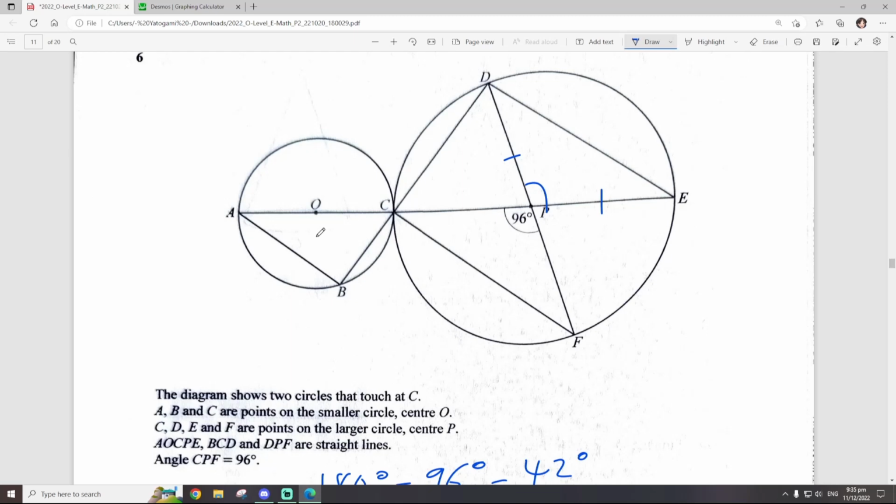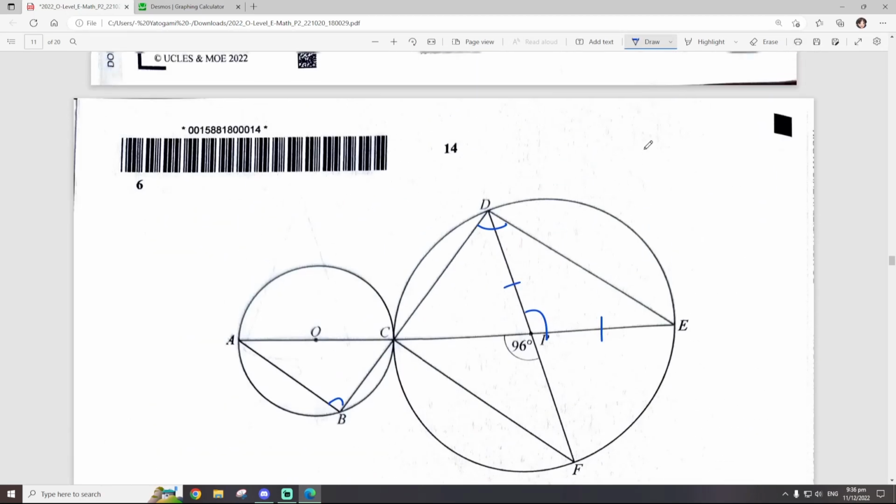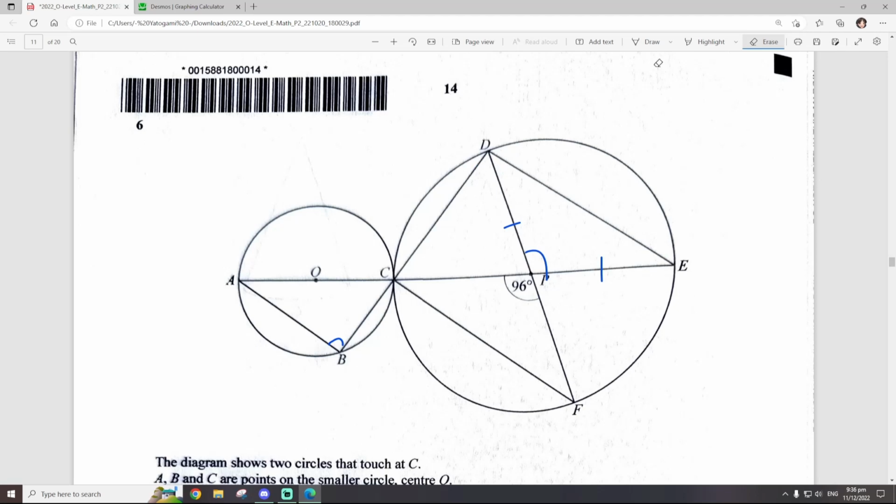I'm going to show you that these two are right angles. Actually, no, it's FCD that we're concerned about. So these two are right angles because right angle in a semicircle.